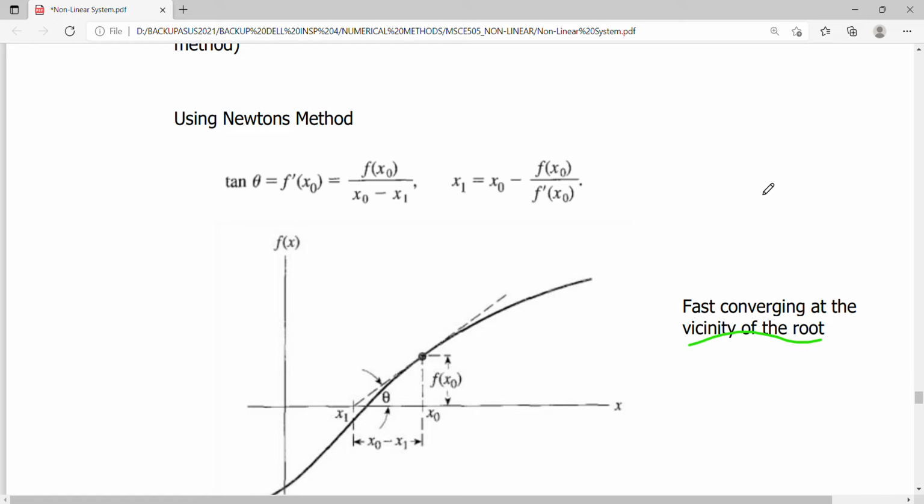Okay, so to continue with our nonlinear methods of solving roots, we now discuss Newton's method, or the Newton-Raphson method. This is also known as the Newton-Raphson technique.